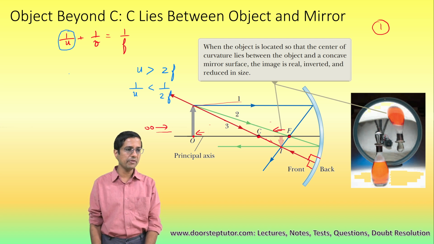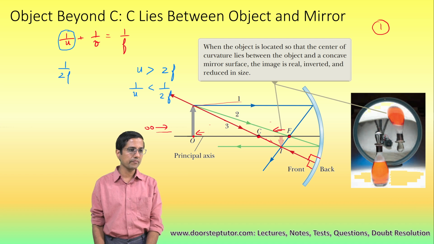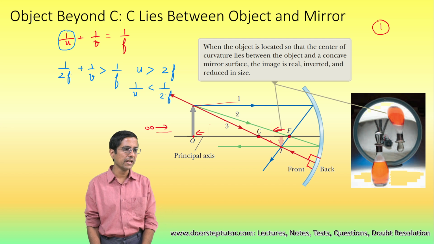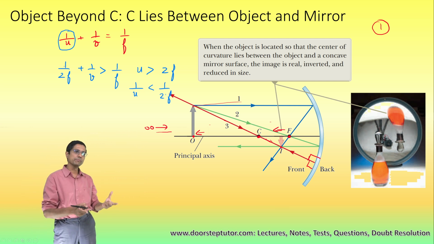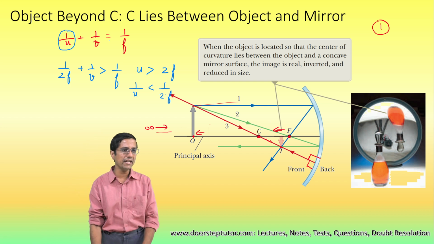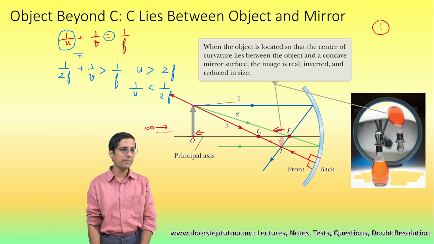Let me replace it with 1 by 2f. Since I am replacing it with a bigger quantity, 1 by 2f is bigger than 1 by u, therefore this side becomes greater. If I replace 1 by u with 1 by 2f, obviously the equality will not hold, and this side will become larger, and that is what I have expressed here.